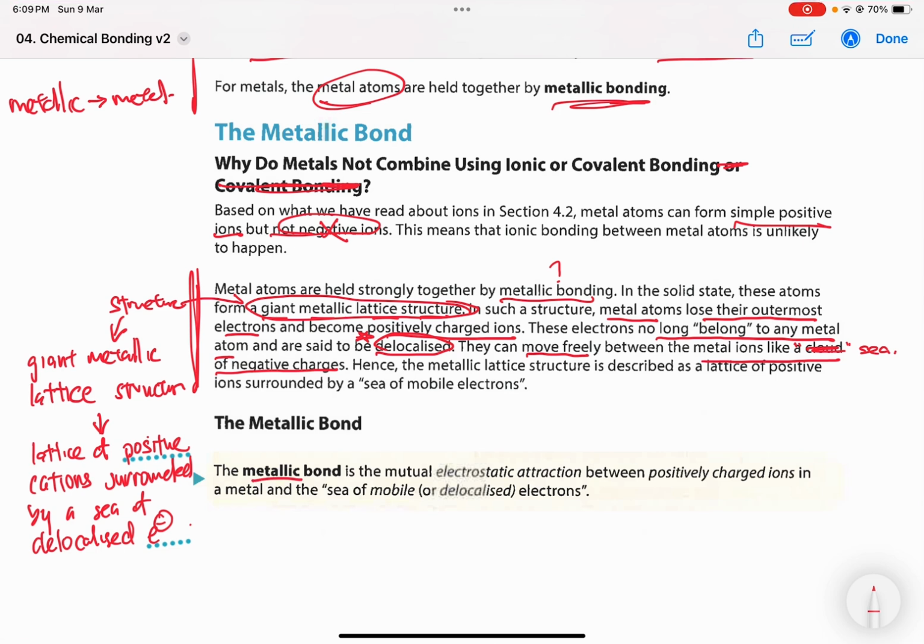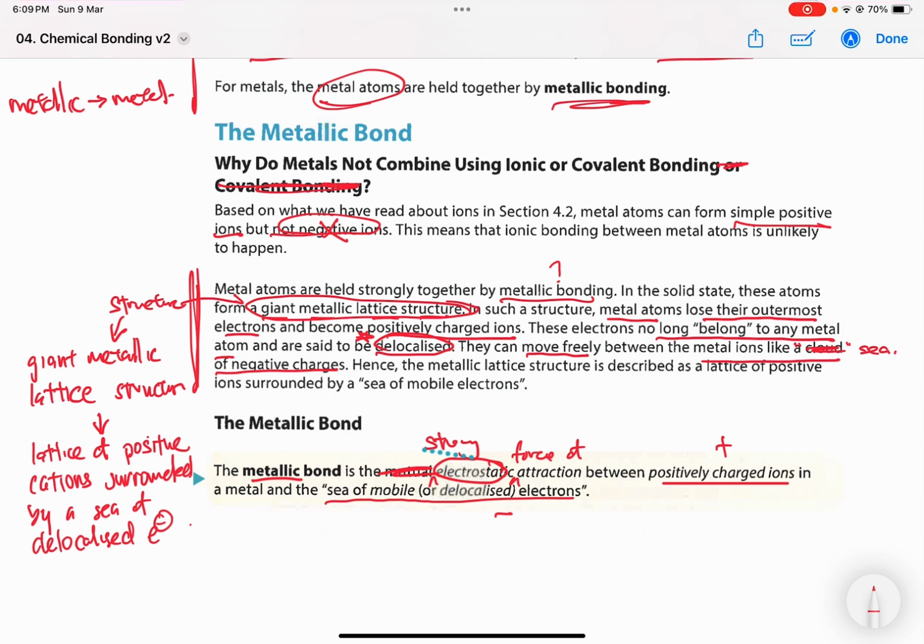So the metallic bond is the electrostatic force of attraction. I want to highlight here, please use the word strong. Strong electrostatic force of attraction between the positively charged ions and the sea of mobile or delocalized electrons. Positive, negative, that's why electrostatic. Add in the words here, force of attraction.